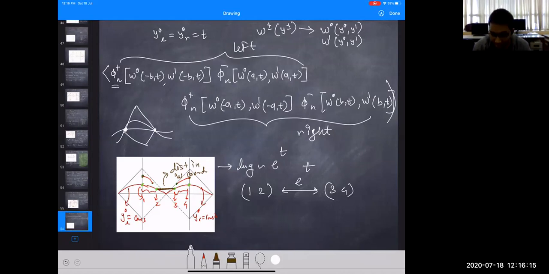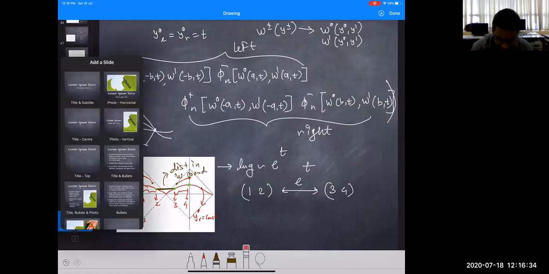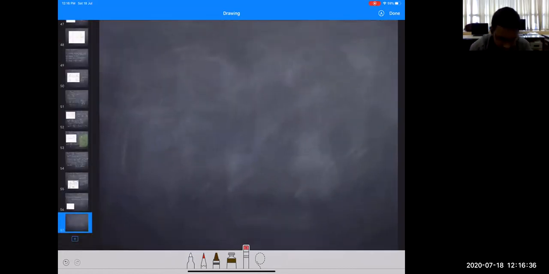Now keep in mind, this only happens at late times. It doesn't happen at early times, because at early times this bridge is not that big. At late times, points 1 and 2 and 3 and 4 are relatively far away from each other compared to their distance within each pair. So in the factorization limit, the 4-point function that I just wrote down is just a product of 2-point functions.